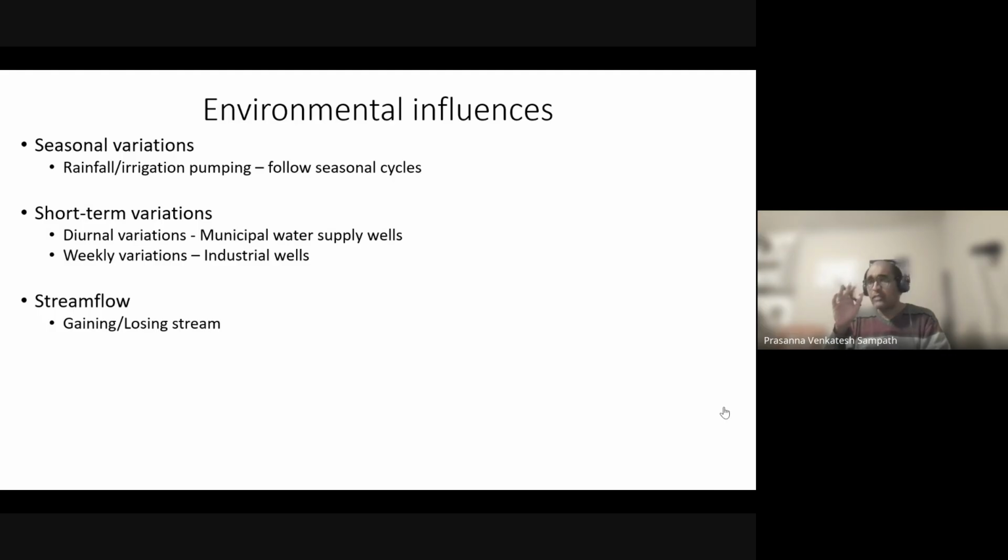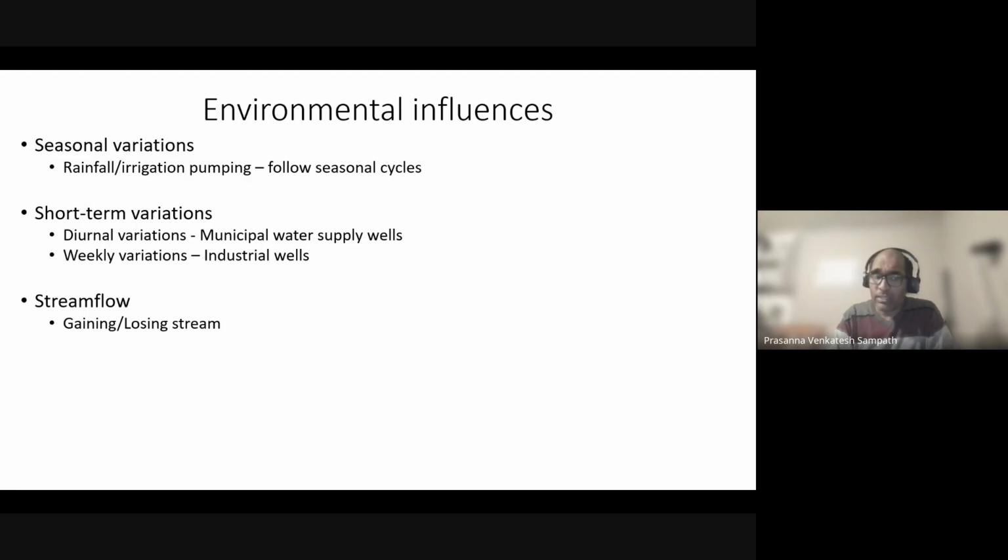A gaining stream is one which gains water from the aquifer. A losing stream is a stream that provides water to the aquifer. Okay, so in that sense, streams are either gaining or losing. Gaining means it's gaining water from the aquifer. Losing means it's losing water to the aquifer. That's all.